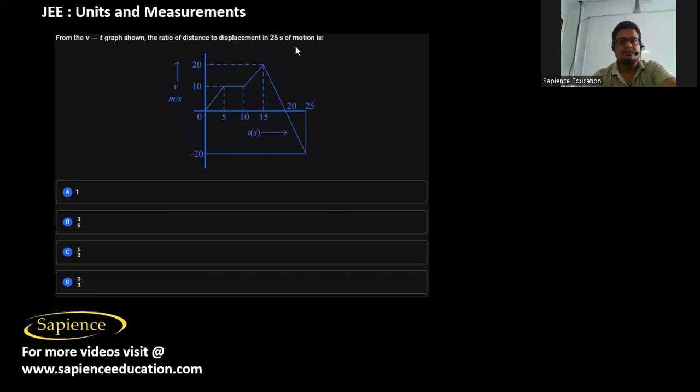From the VT graph shown, the ratio of distance to displacement in 25 seconds of motion is.